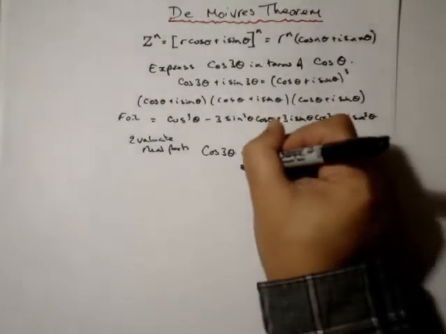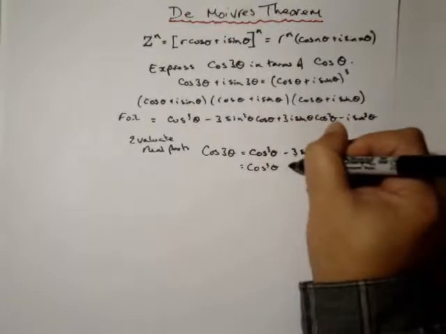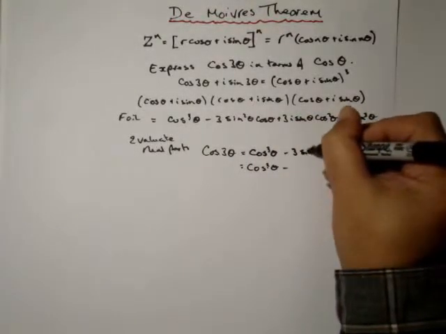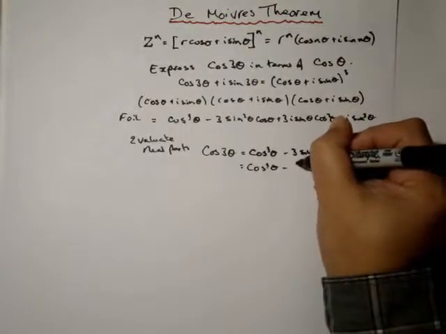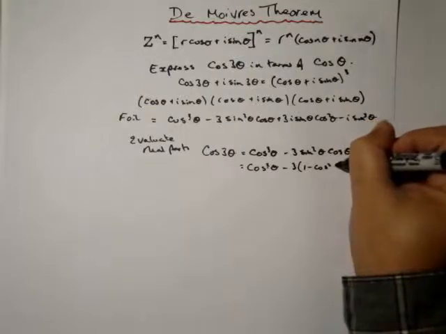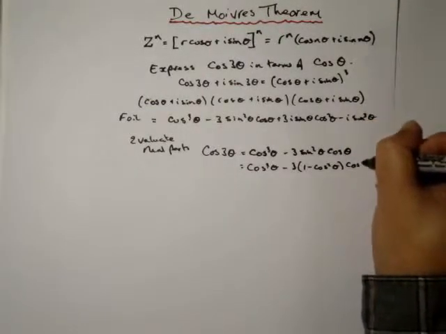So this equals cos cubed theta minus, now we can use trig identities, so this becomes 3 times 1 minus cos squared theta, and then our cos theta on the outside.